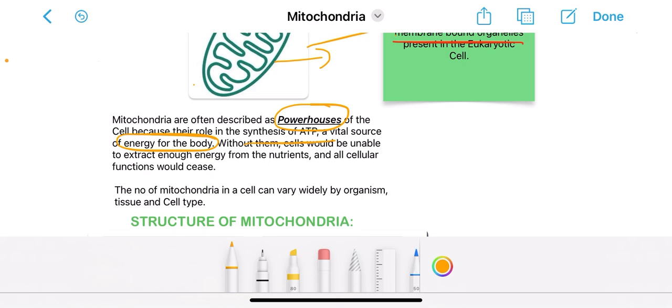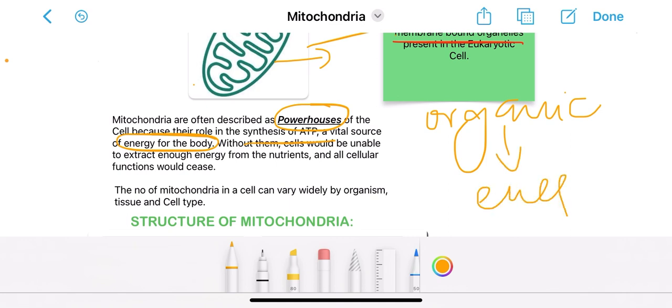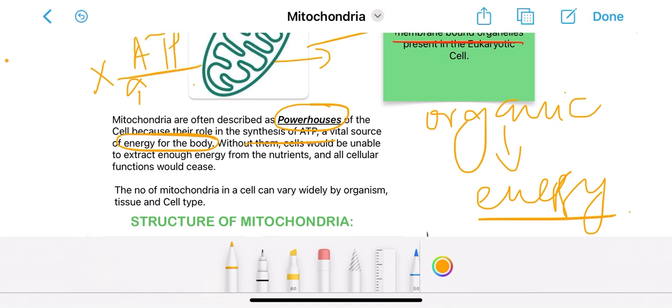Mitochondria के बगैर सेल न्यूट्रिएंट से एनर्जी एक्सट्रैक्ट नहीं कर सकता, because mitochondria is the organelle जो हमारे ऑर्गेनिक फूड मटेरियल को एनर्जी में कन्वर्ट करता है, and all cellular functions would cease. और जब किसी सेल के अंदर माइटोकॉन्ड्रिया नहीं होते, it means that cell is unable to form ATP. और जो सेल एटीपी सिंथेसाइज नहीं करेगा उसके तमाम सेल्यूलर फंक्शंस सीज हो जाएंगे.